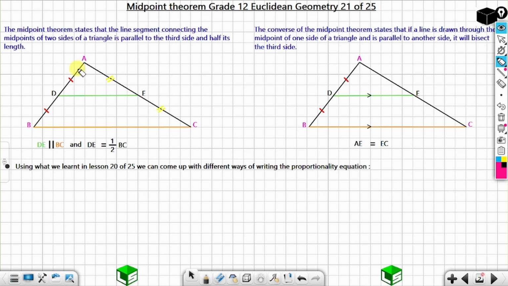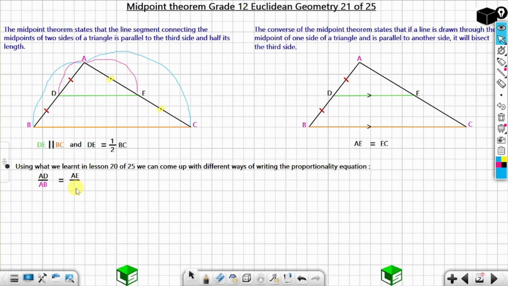I can say AD over AB equal to AE over AC.